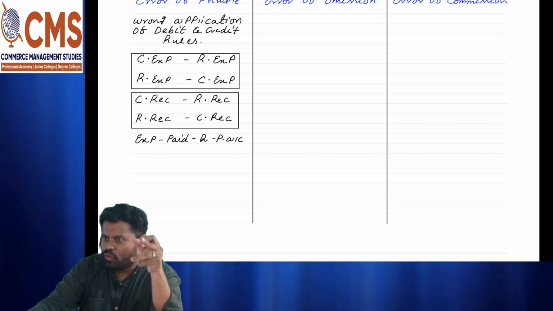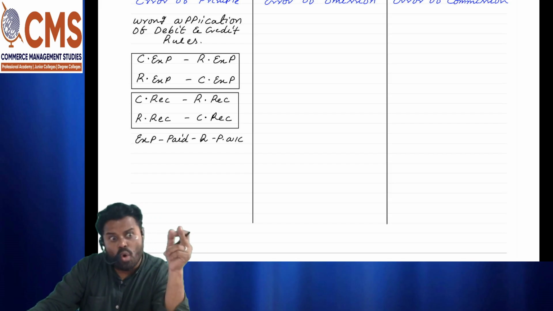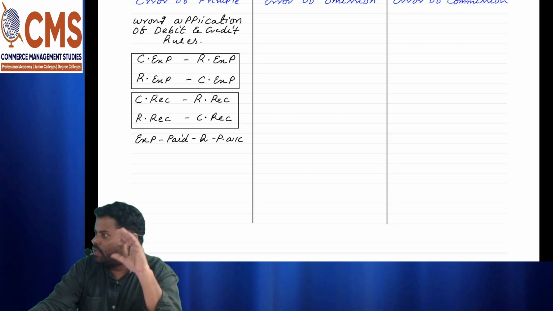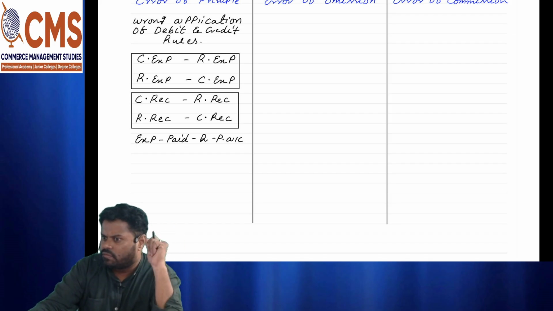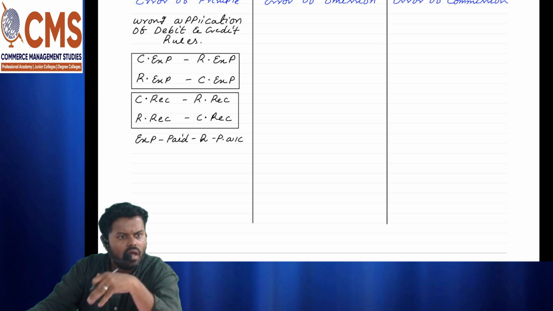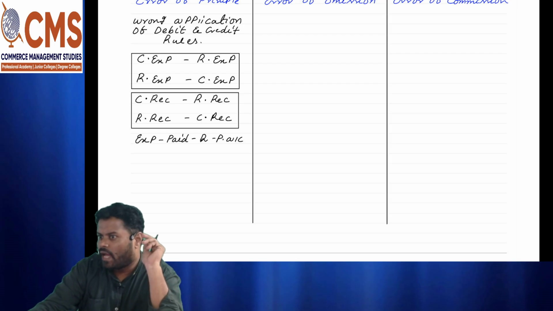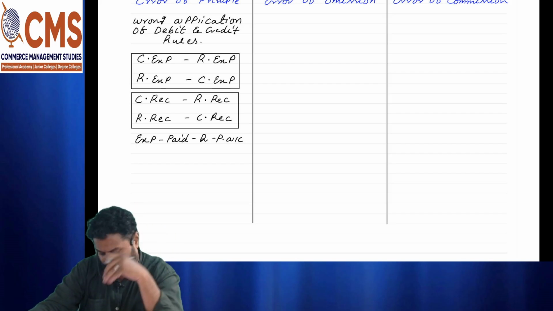Salary account debit to cash account. Instead of writing it as salary account debit to cash, if I write it as Mohan account debit to cash, instead of treating it as debit all expenses, I treat it as debit the receiver. Wrong application of your debit and credit rules. So, the correct entry is salaries to cash. The wrong entry is Mohan to cash. The rectifying entry will be salary to Mohan.